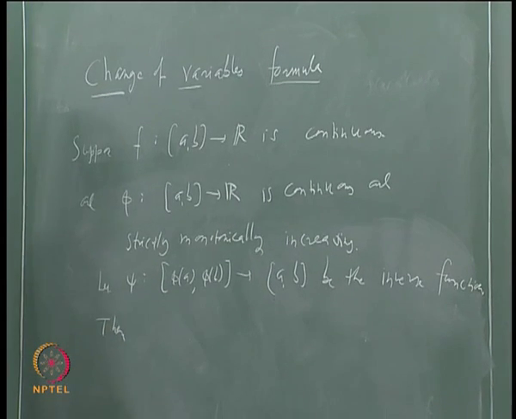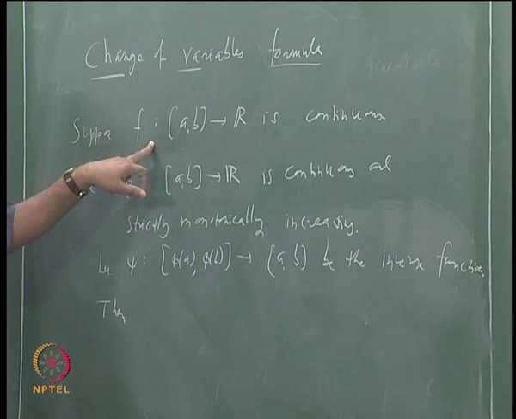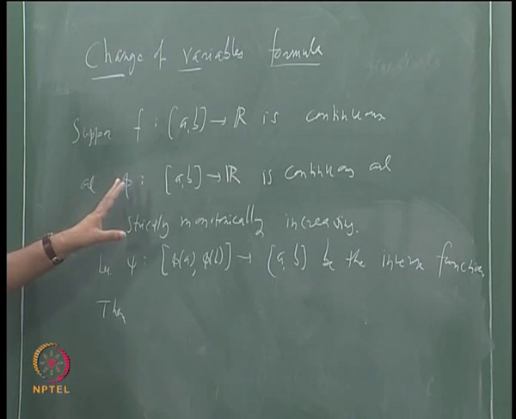Remember, in a general situation we may also have to state that f is Riemann integrable, but all that is not necessary because f is continuous and we already proved that continuous functions are Riemann integrable.